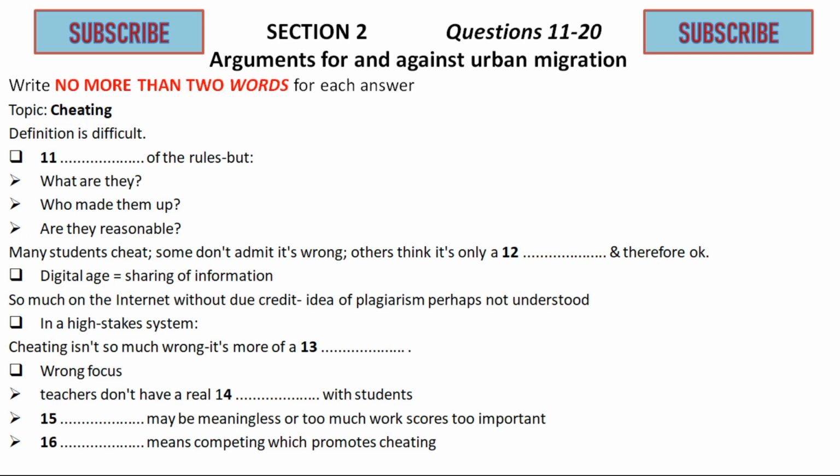We live in a digital age where learning is all about sharing information. And, let's face it, students today have seen so many instances of music, videos, images and text copied online without rightful recognition given as to their origin that I'm not sure whether you even fully understand the concept of plagiarism.